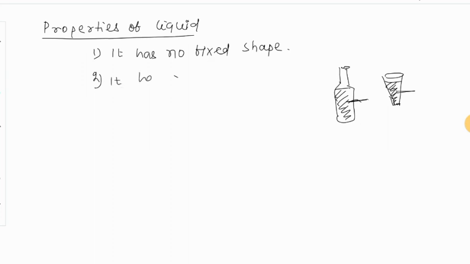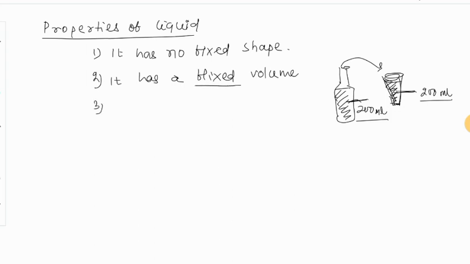Second, it has a fixed volume. That means if this bottle has 200 ml of Coca-Cola and we put that Coca-Cola in this glass, then the glass of Coca-Cola will also be 200 ml. Volume will not change transferring the liquid from one container to another. That means the volume of the liquid is fixed. And third, it is incompressible.